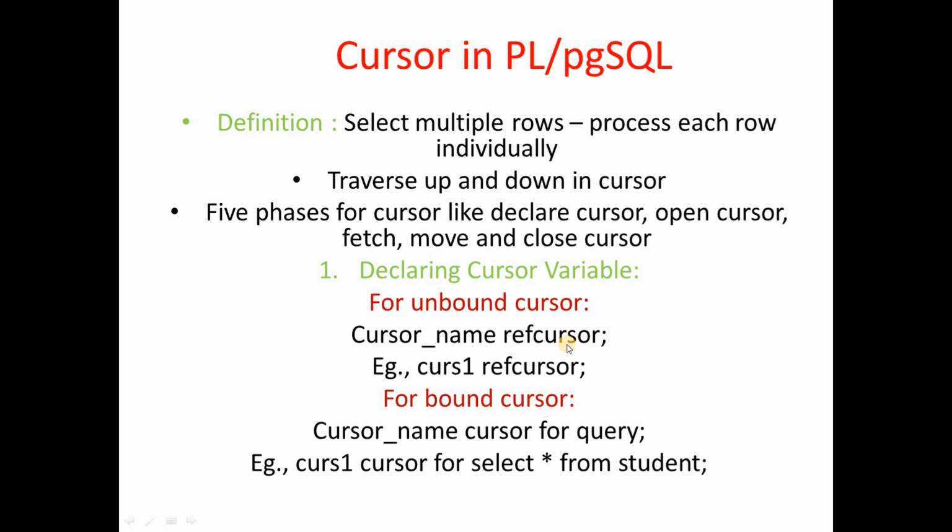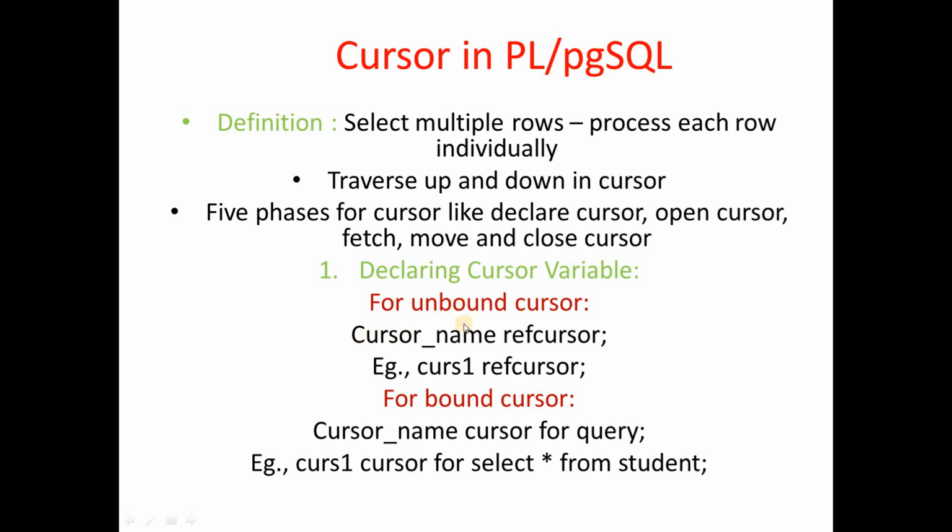So at the time of declaring an unbound cursor variable, we don't know for which particular query we will use that variable, because this cursor is not bound to any SQL query. We only declare a variable name with the data type refcursor and then a semicolon. This is your unbound cursor variable declaration.